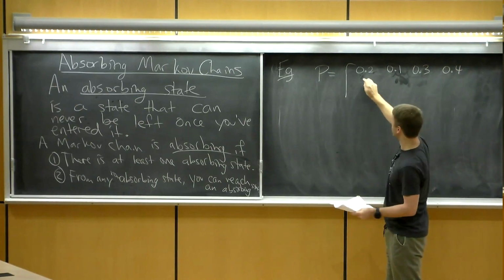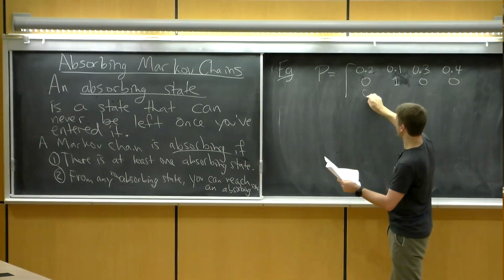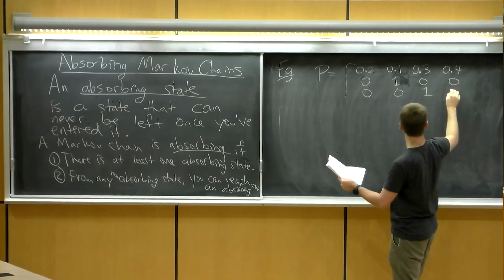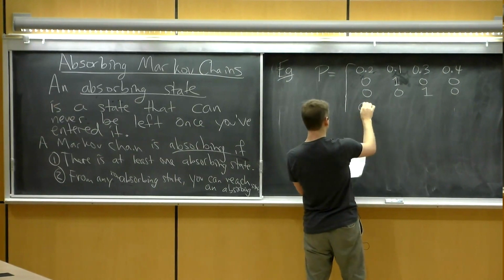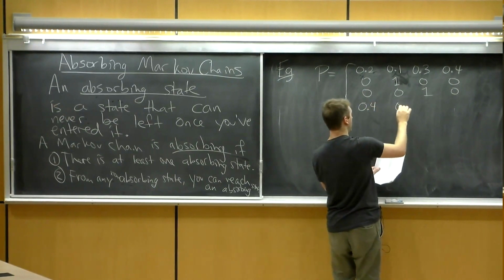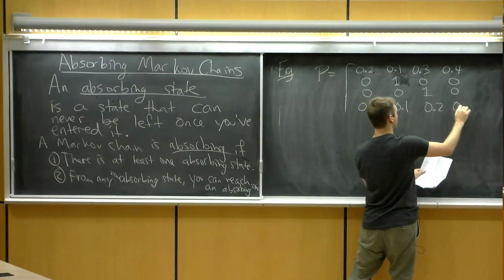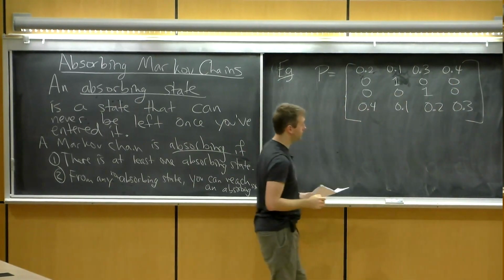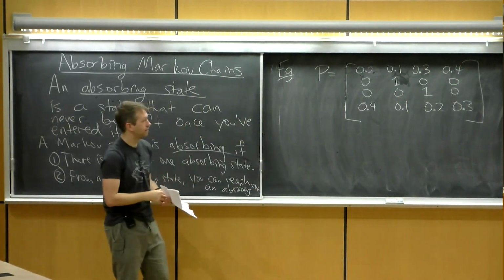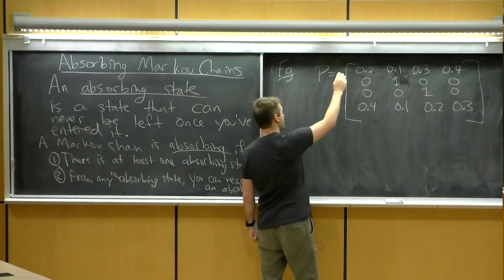Then I've got 0, 1, 0, 0, and then 0, 0, 1, 0, and then 0.4, 0.1, 0.2, and 0.3. Let's just call the states 1, 2, 3, 4.